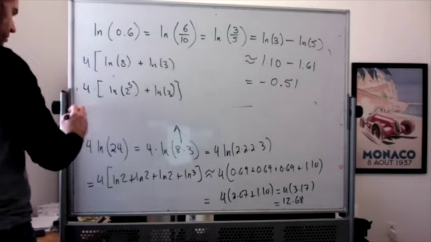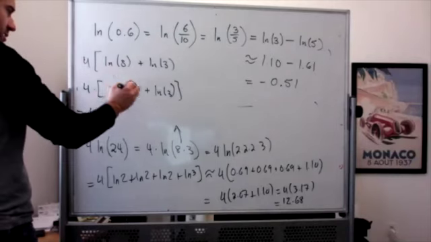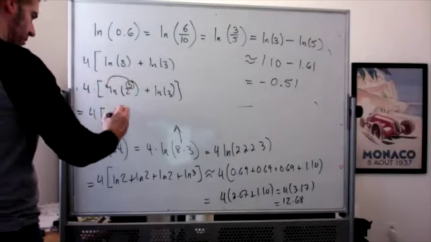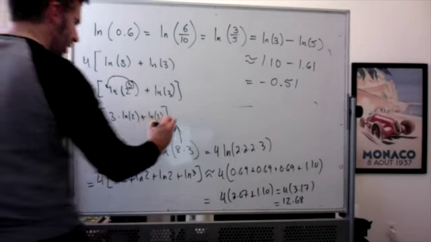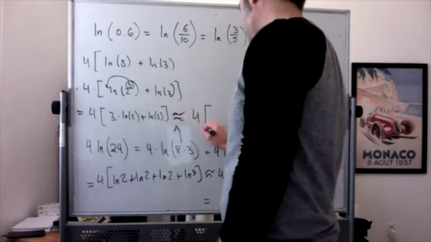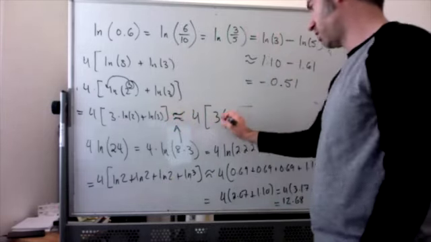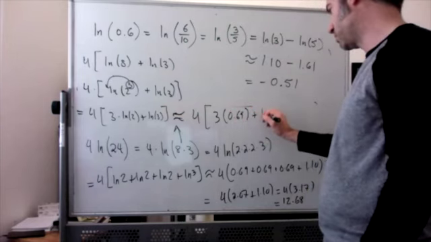And that's equal to 4 times, the 3 can come down in front, 3 times natural log of 2 plus natural log of 3. And then we can say that's approximately 4 times 3 times natural log of 2, which is 0.69, plus natural log of 3, which is 1.10.